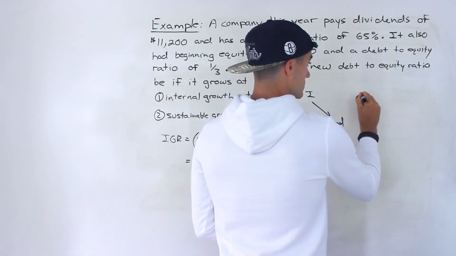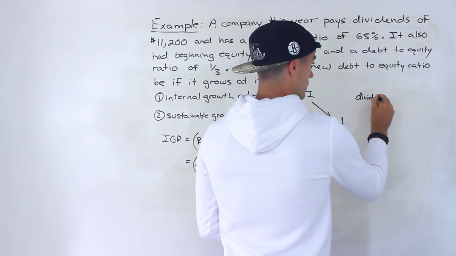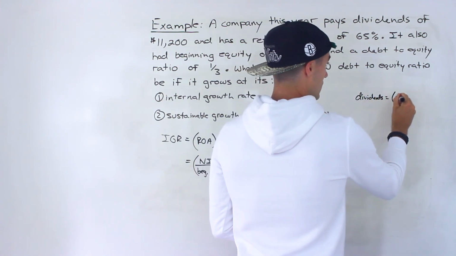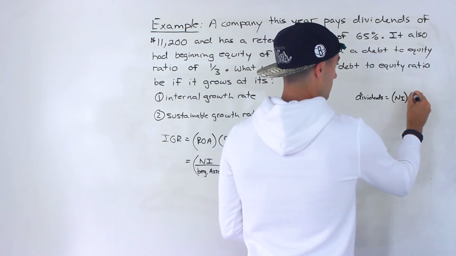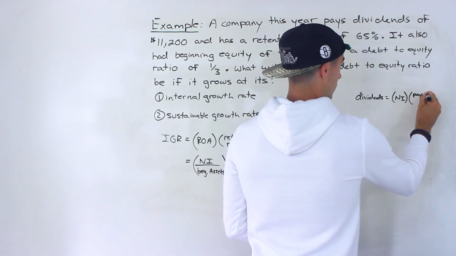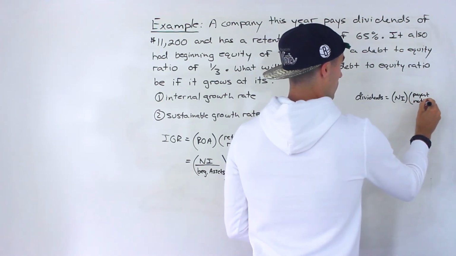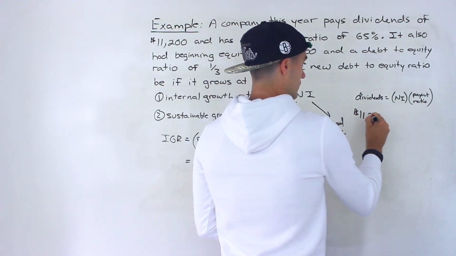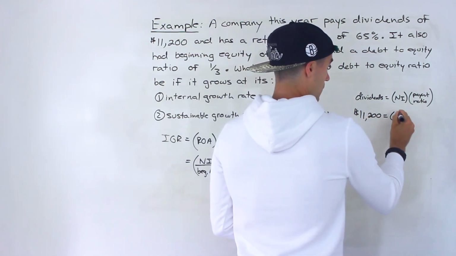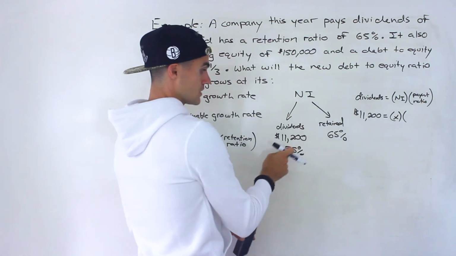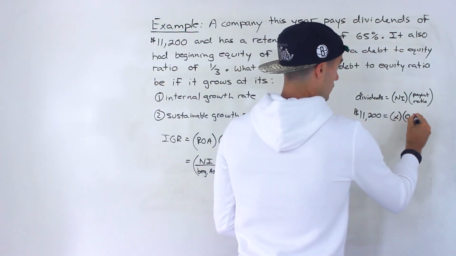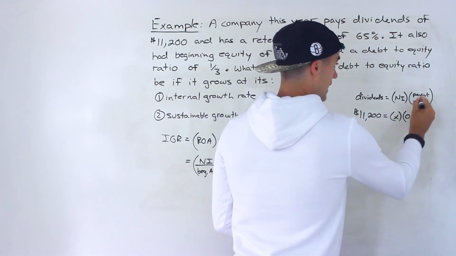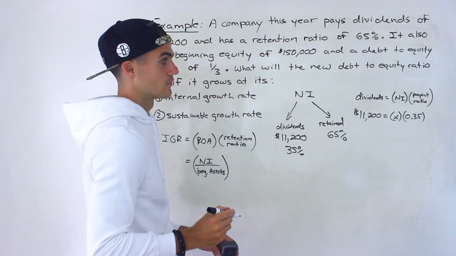The dividends, if we make this an equation, is equal to the net income times the payout ratio. Well, the dividends is $11,200. The net income is what we're solving for, and then the payout ratio is 35% or 0.35. This always has to be a decimal right there.